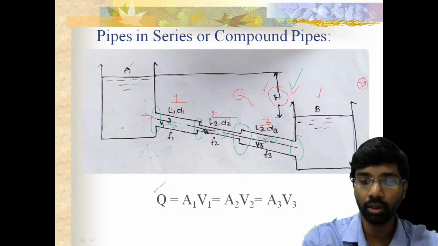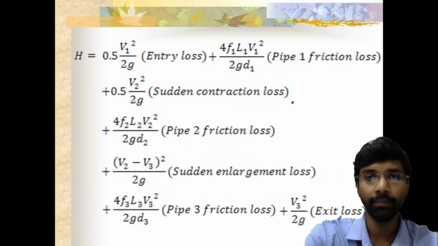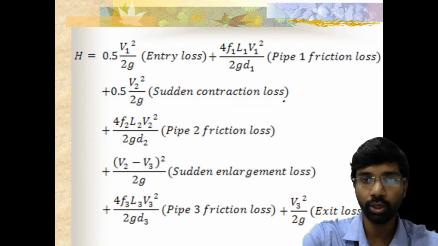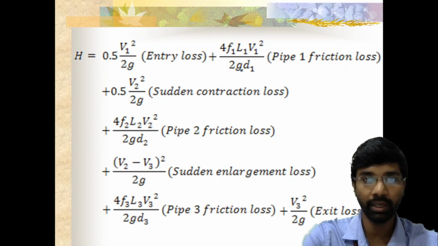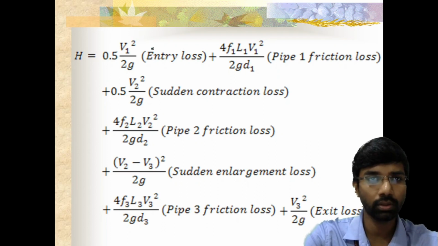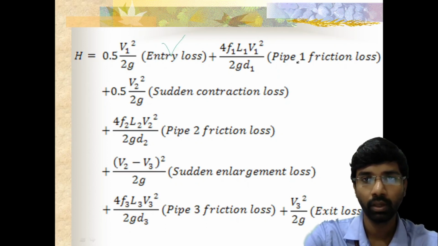So what are the losses that are written in this slide? I have already told you to go through the losses in pipes that were already given in the material. So this is entry loss, 0.5 V1 square by 2g.